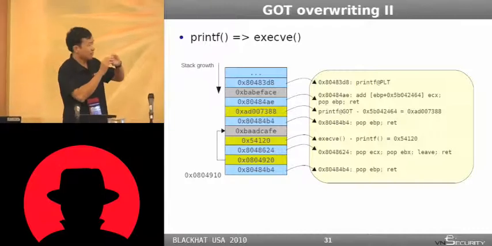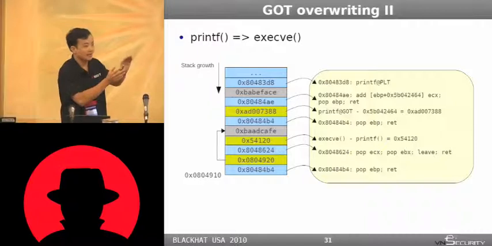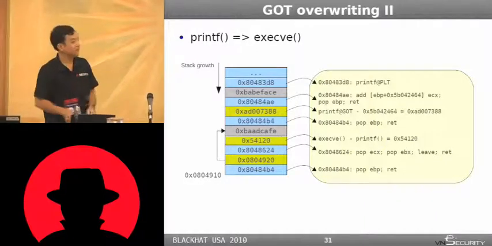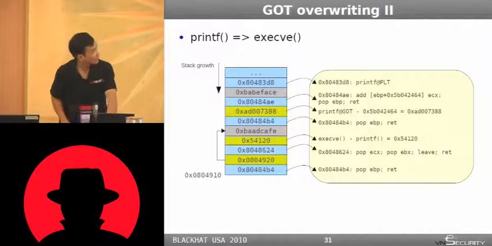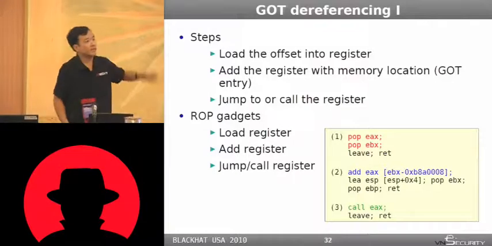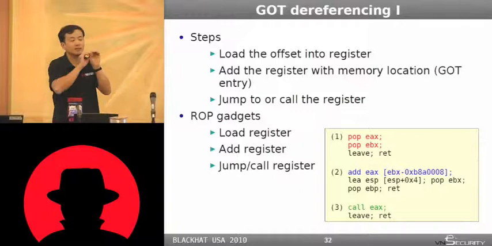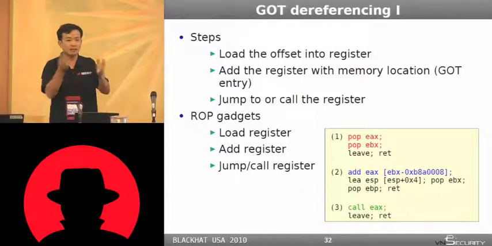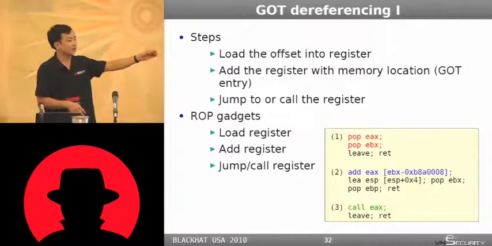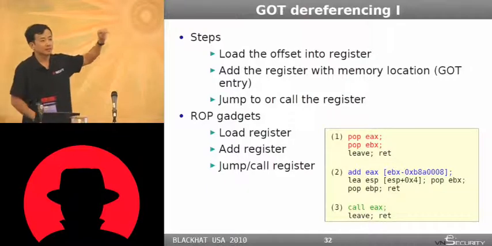It is very powerful because you can overwrite once and use it many times. The GOT dereferencing is similar to the GOT overwriting, but instead of writing to the memory location, it picks the value from the memory location, adds it to a register, and calls or jumps to that address.